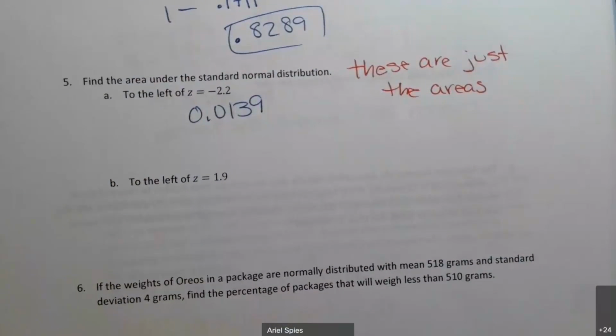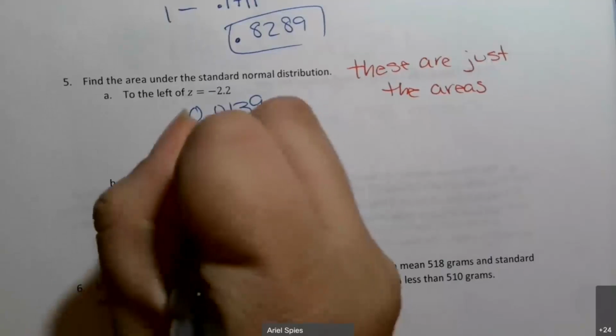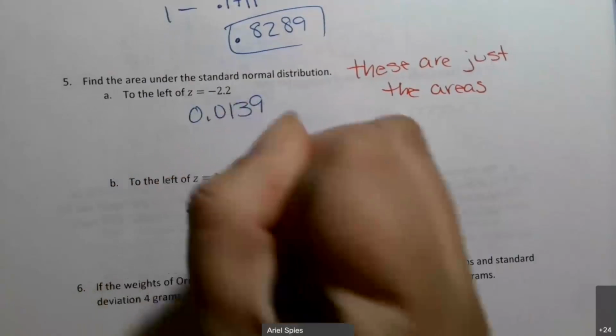And that's the final answer there. For B, I want to look up 1.9. Yep, this one is 0.9713.